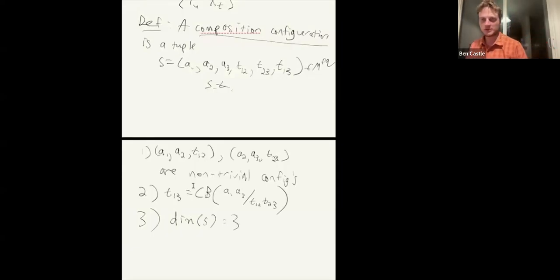Okay, so the assumption that dimension is 3 is just saying there's no dependence between these points other than the ones that have to be there. So in particular, notice that A1, A2, and T1,2. The first thing has dimension 2.